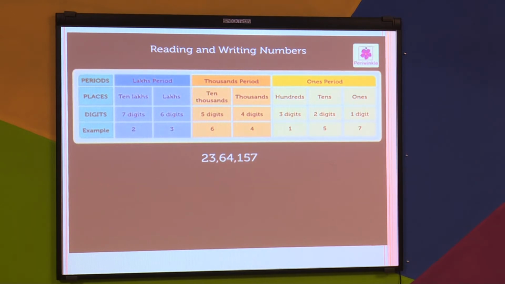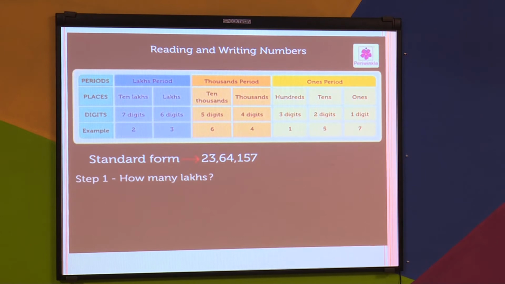Look, we have got the standard form of the number, that is 23,64,157. We read this number using 4 steps.